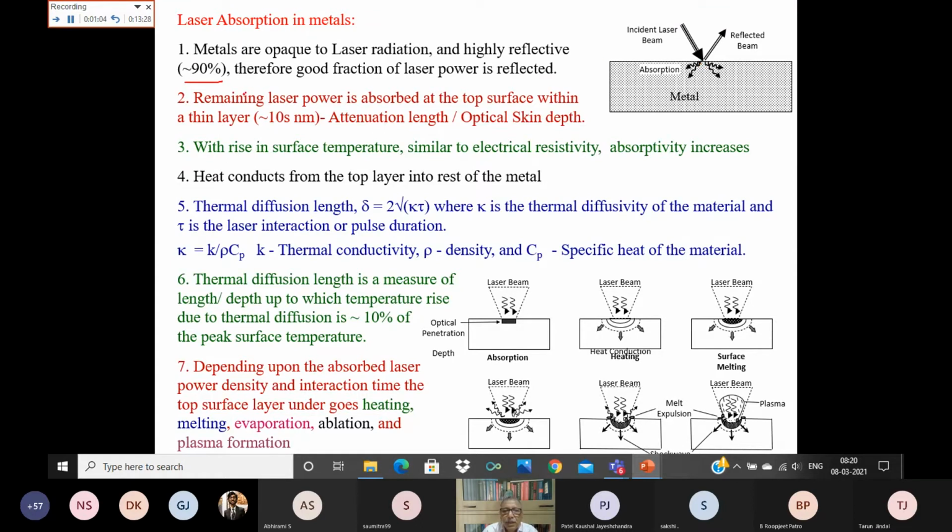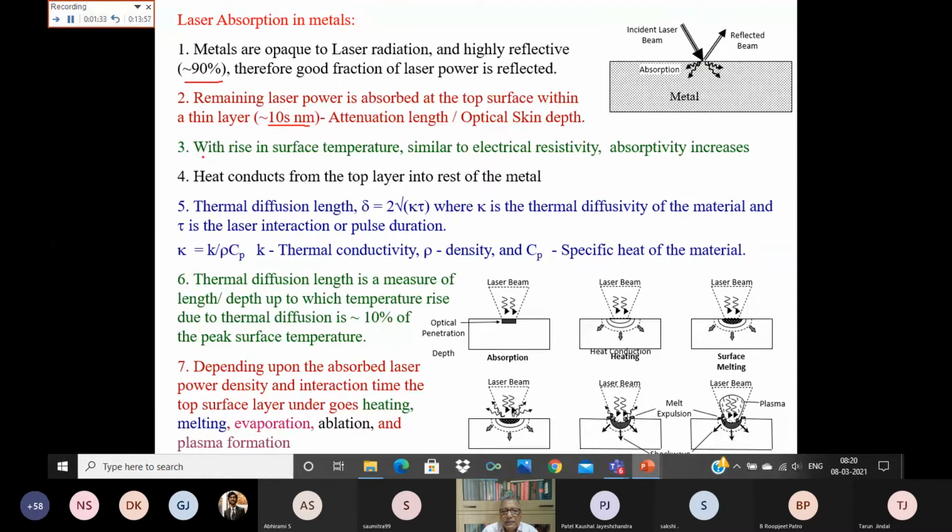The remaining laser power is absorbed at the top surface within a thin layer of the order of around 10 nanometer. This is known as the attenuation length or optical skin depth, within which the laser power is getting absorbed.